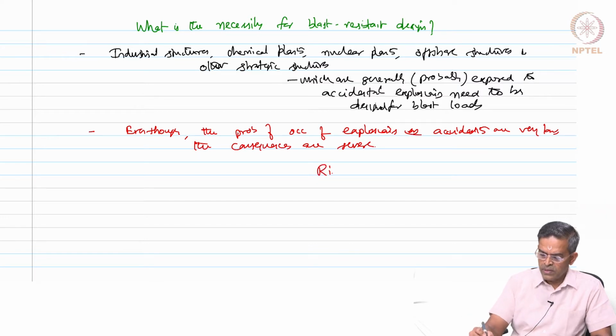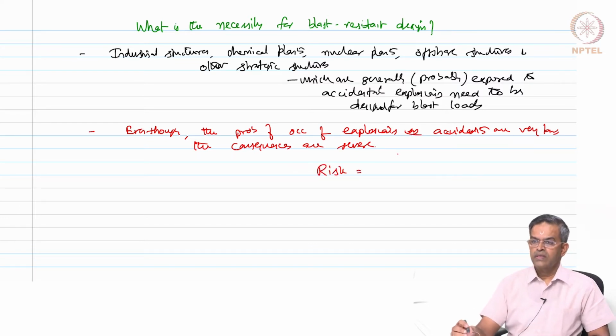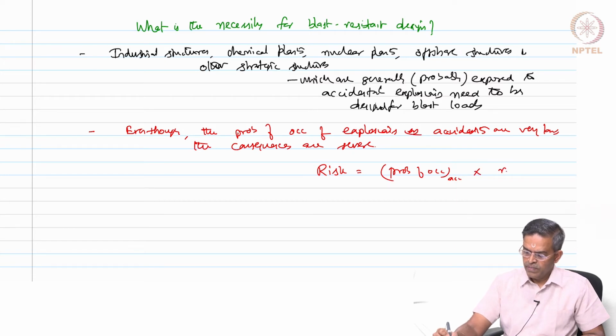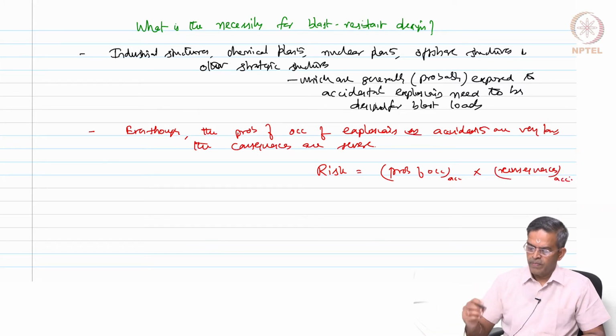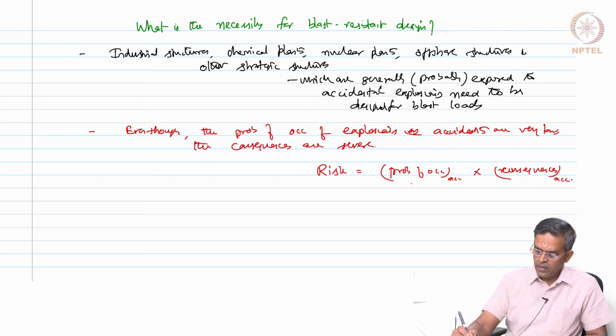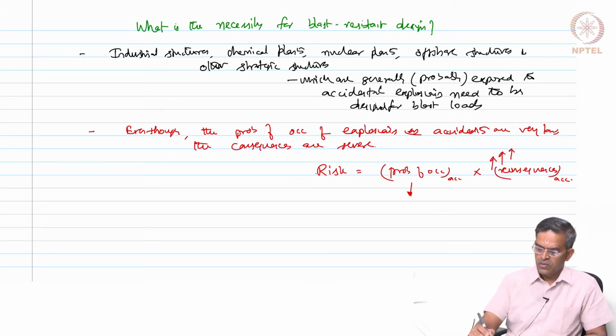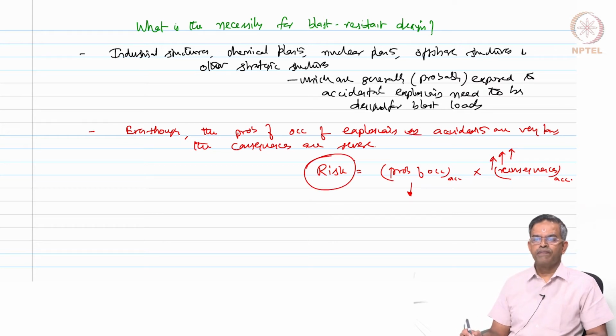Friends, risk is actually the product of the probability of occurrence of an accident and the consequences if it happens. Even though the probability is low, the consequences are very severe. So, it has a very high risk factor.